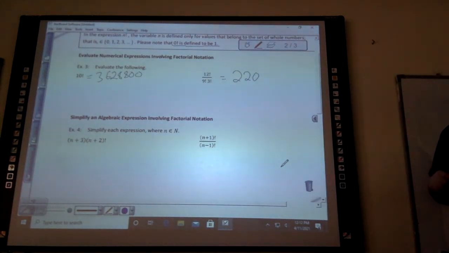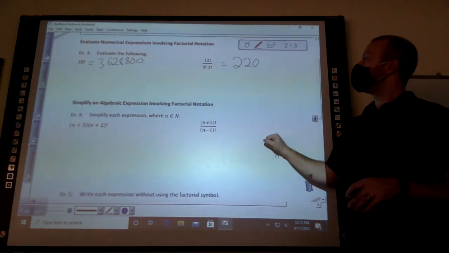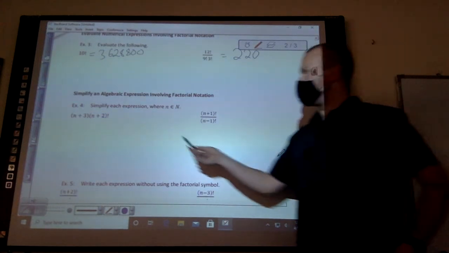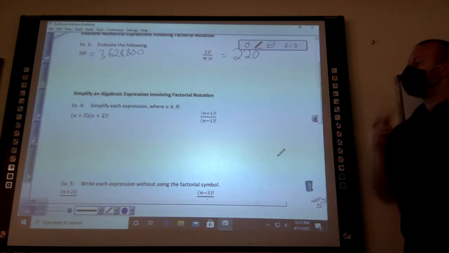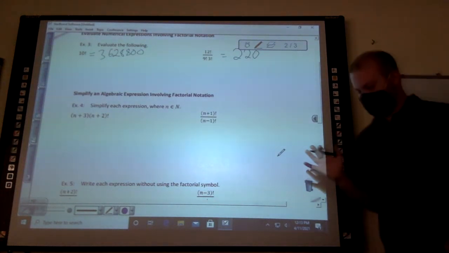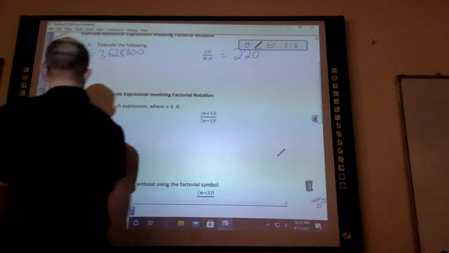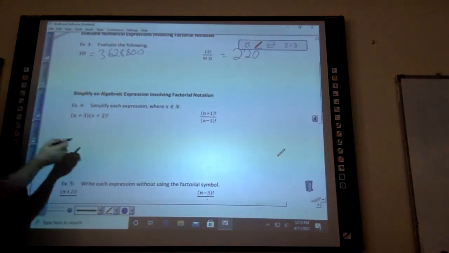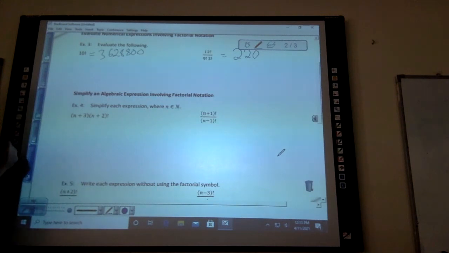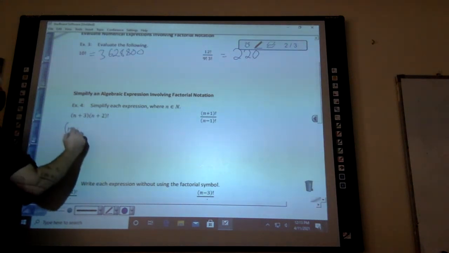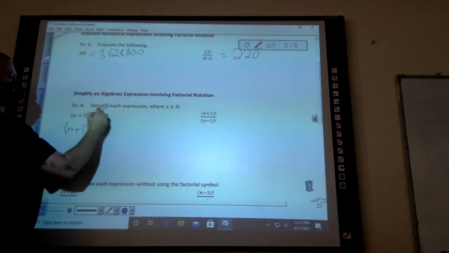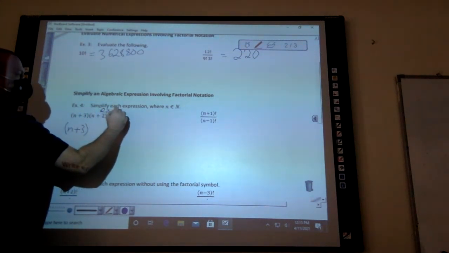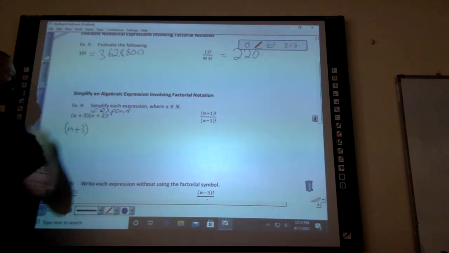So now we want to look at simplifying some with variables. So if you're given something like this, and you're asked to simplify this, let's just look at what the definition of this is. So we've got n plus 3 all times this factorial. So I've started with n plus 3, and let's just expand this part here. So expand this second bracket.